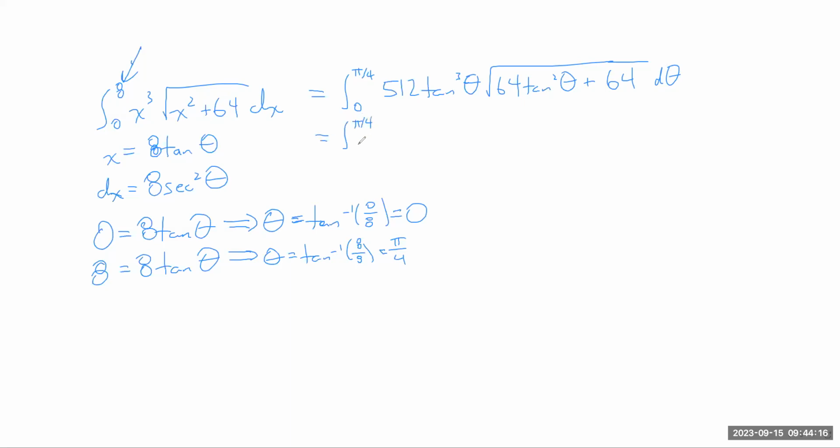Okay. All right, so now what? If you factor out the 64, at this point, even though we have recipes for the substitution, we don't have to apply any of them.